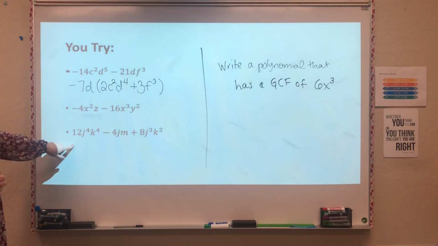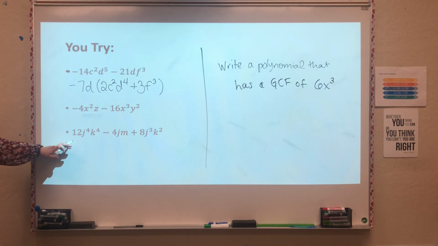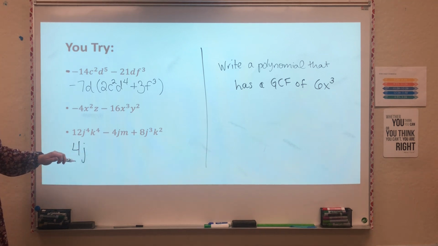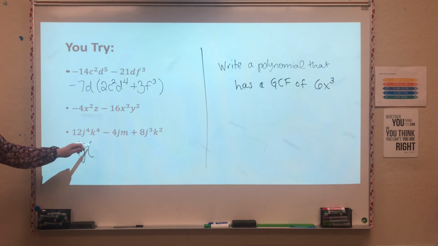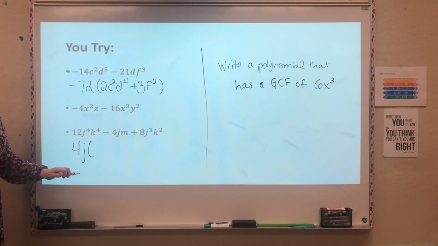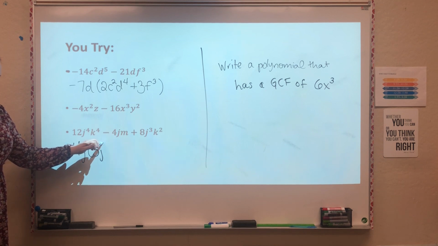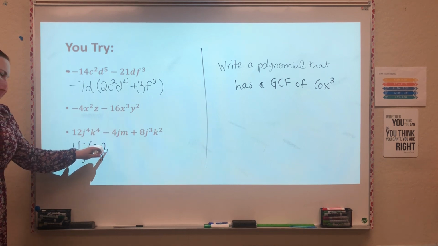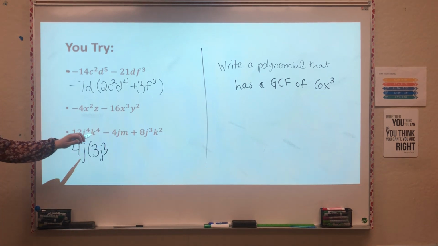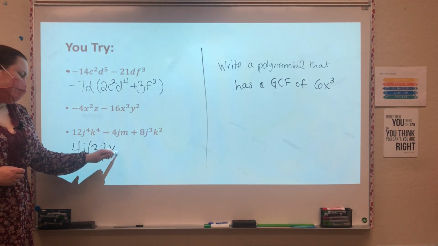Okay. Let me check this last one. Start with your GCF. It'd be 4J. And then what do we have in parentheses? You'd have 3J squared, cubed, and then K to the fourth.